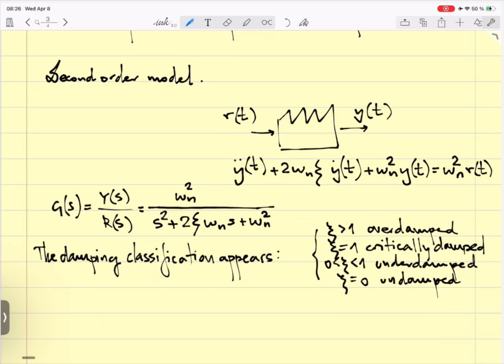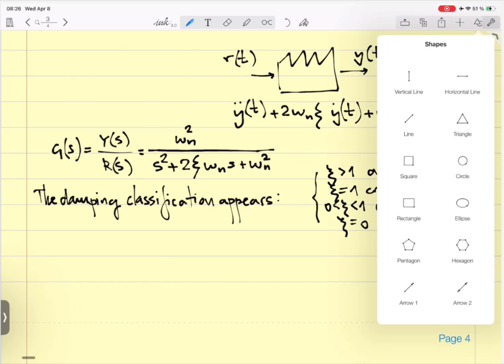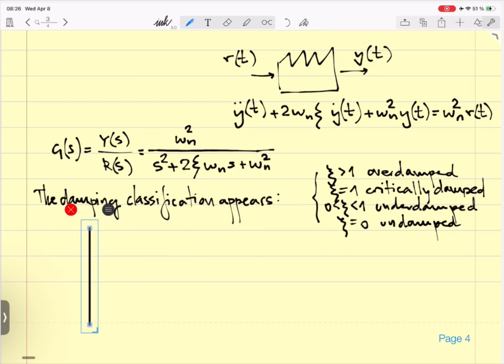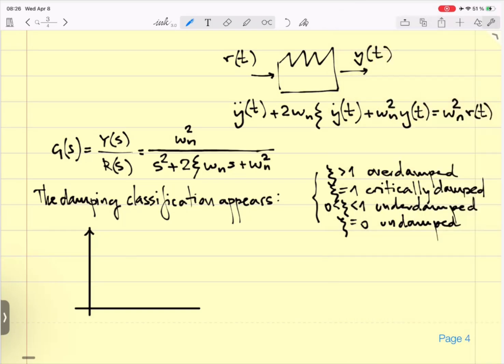So how does it work and how do we solve it? If we have, again, a step function input, okay, let me put again the same here.